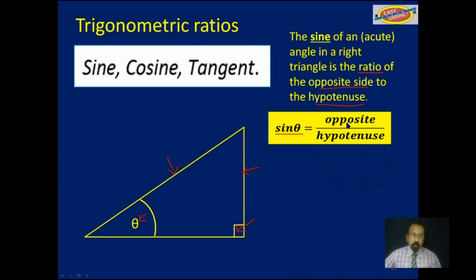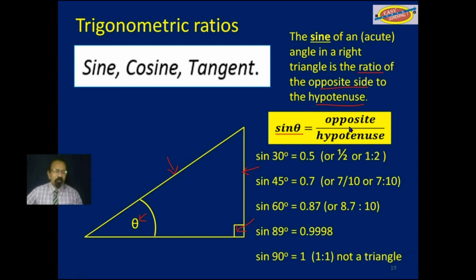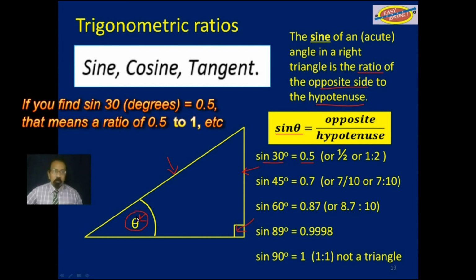Now bear in mind that is a ratio. So if you find sine 30, as in this case, let us say that is 30, and we get 0.5, what that means is that the opposite side is always 0.5 of the hypotenuse at 30 degrees.